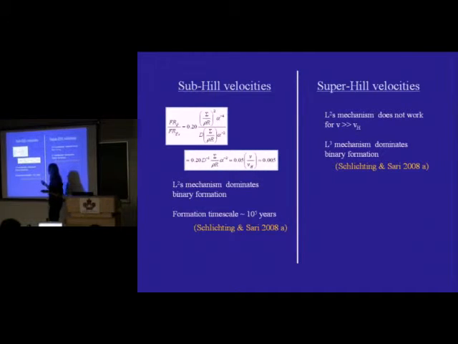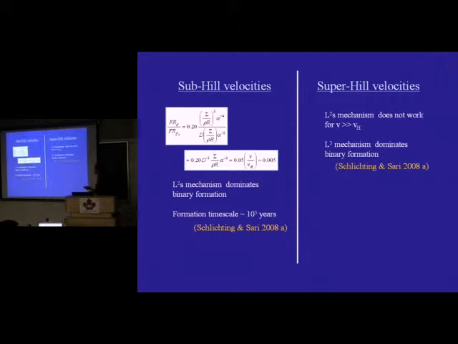The formation rate by three-body encounters is basically given by the rate of having three bodies within the Hill sphere together. The formation rate by dynamical friction is given by having two bodies in the Hill sphere together times this coefficient of dynamical friction, which parameterizes how much energy is lost in the orbital time scale.